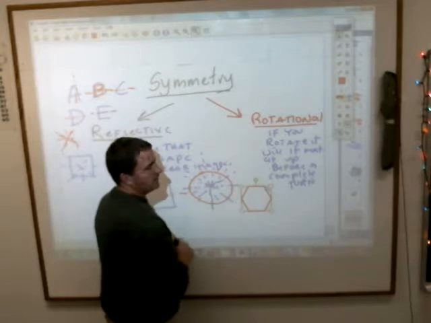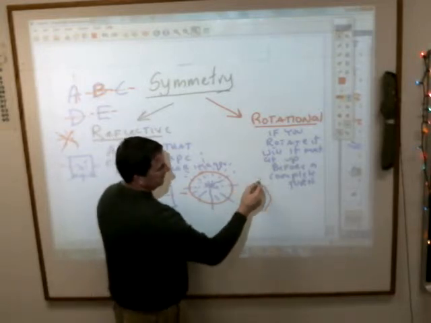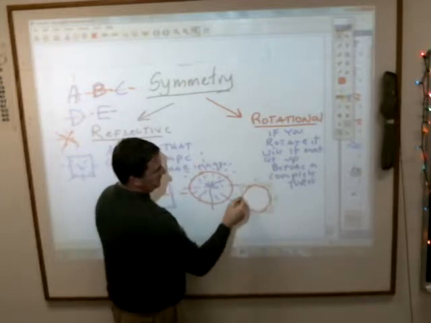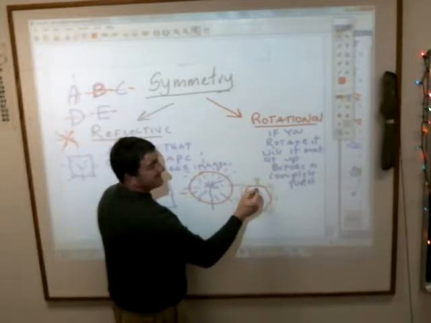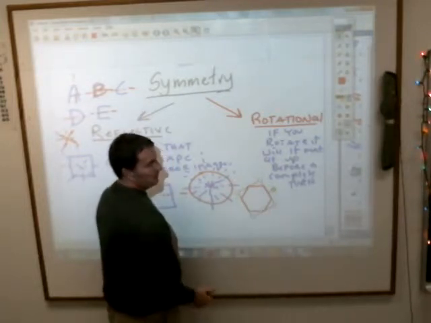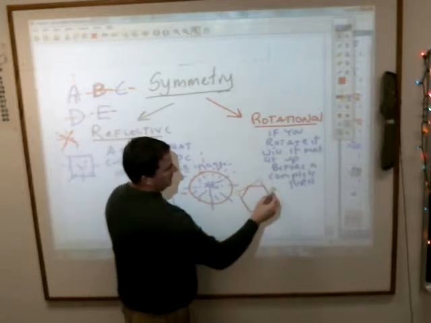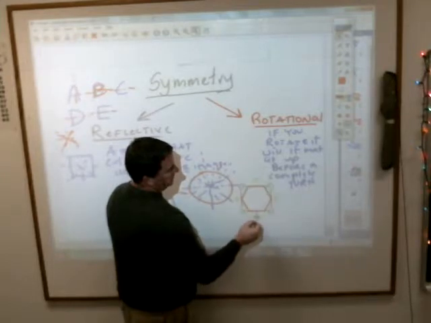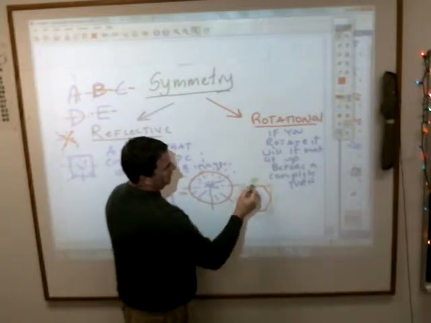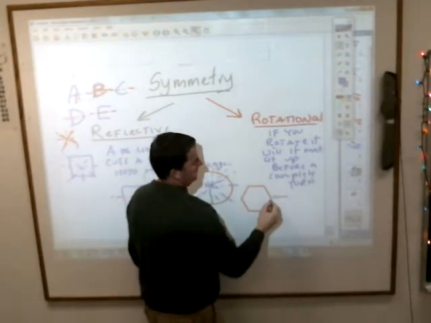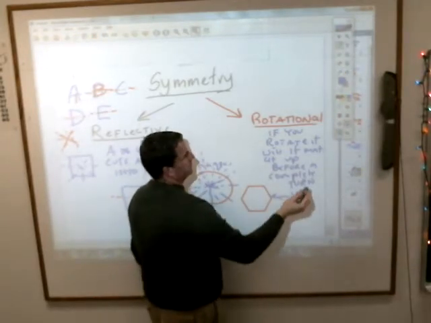If you have it and you spin it, first of all, every shape, if you spin it all the way around 360 degrees, is going to end up matching up on top of it. So that is not rotational. But if you spin it just a little bit and it matches up, for example, right there, that's rotational symmetry. It matches up there, it matches up here, matches up there, there. And I don't know if they ask you how many times, I don't think they do, but this does have rotational symmetry.